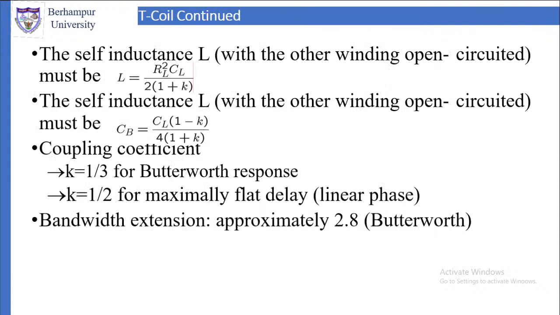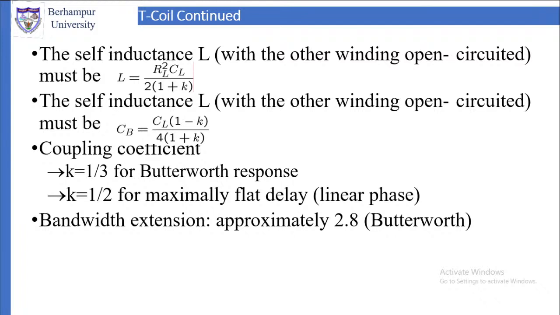Now, let us look at what happens analytically. The self-inductance L, with the other winding open circuited, must be L is equal to RL square CL by 2 into 1 plus K. This is a requirement for how to choose the inductances.